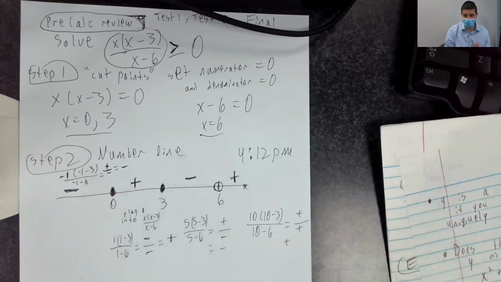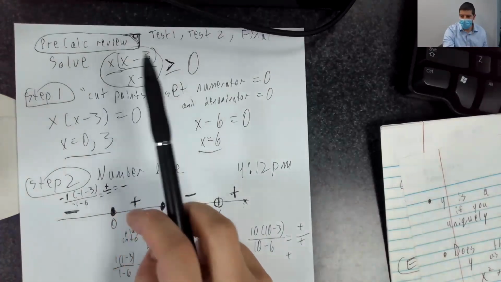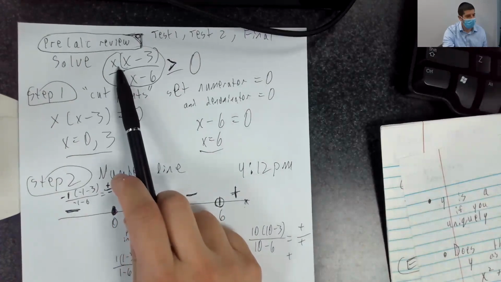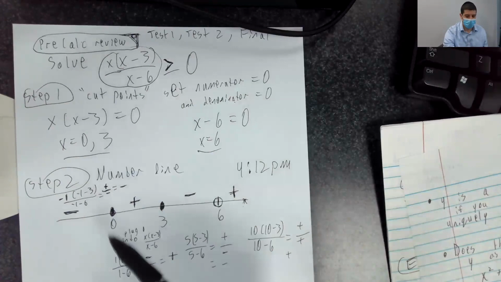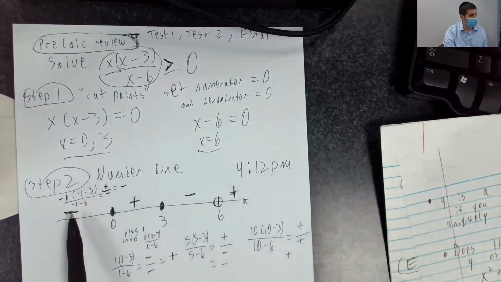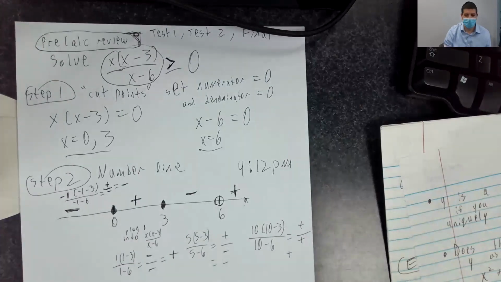So it's not like you can get a pattern out of it, unfortunately. It just depends. For example, if I put an x squared here in the numerator, cut points would be the same, but then this minus would actually change to a plus. You get plus plus. So you can't really go by that, unfortunately.